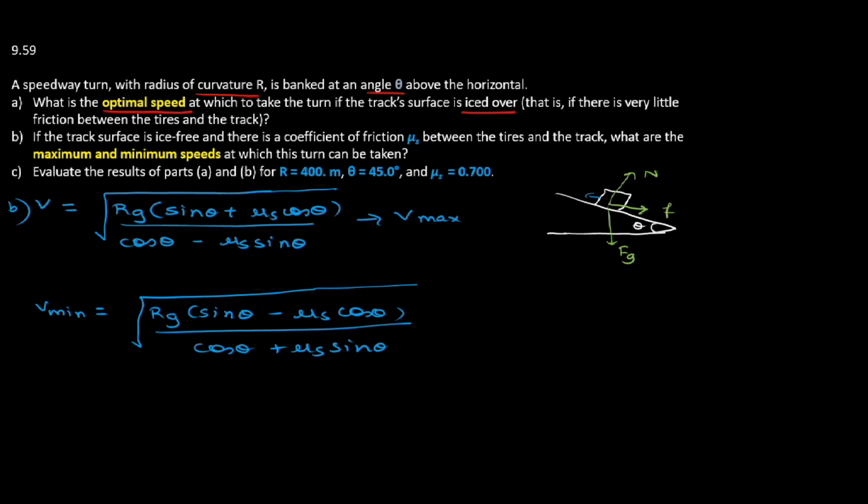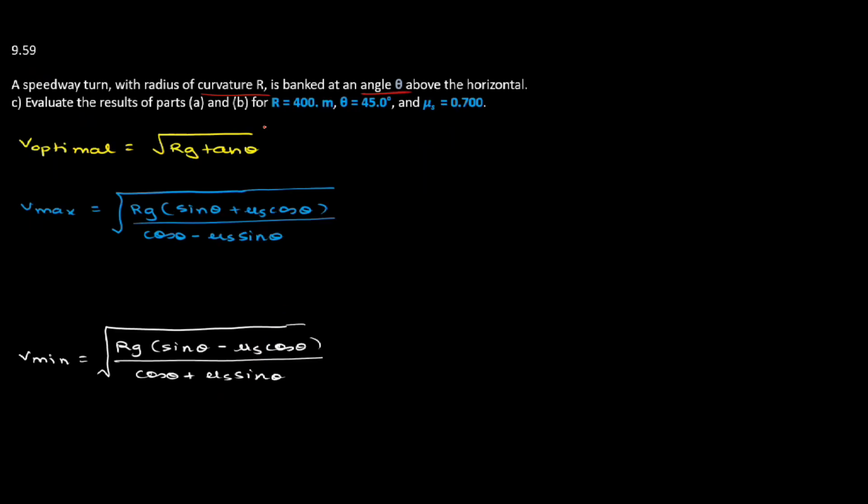In part C, we have to evaluate the results of part A and B for r equals 400 meters, theta equals 45 degrees, and mu s equals 0.700. So we are going to just substitute these values of r, theta, and mu s in the expressions of v we found before.